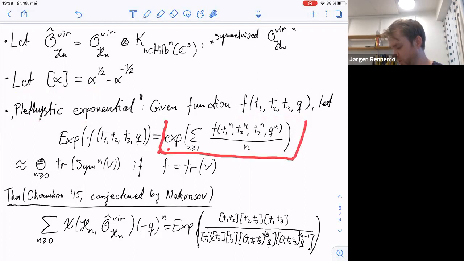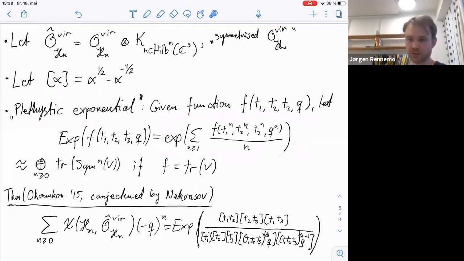It's not obvious for any function that this is well defined or convergent, but I claim in this theorem it will be. You can think of these as formal power series expanded in a certain way, and it just works.